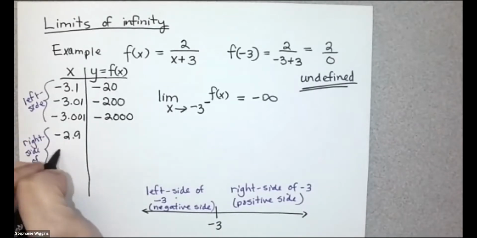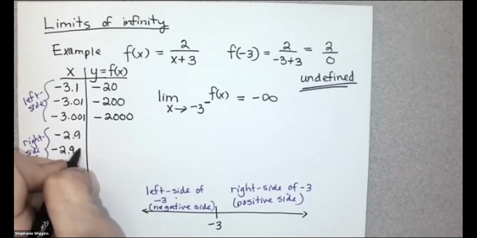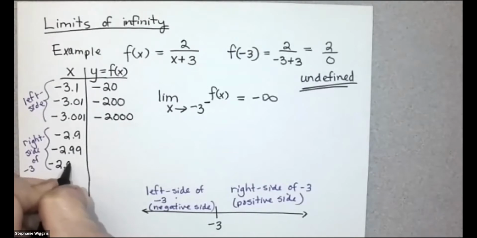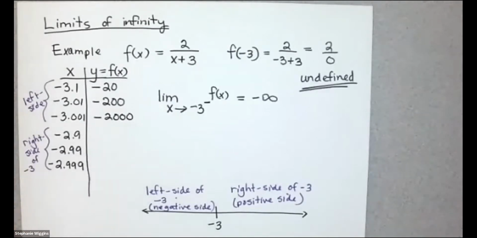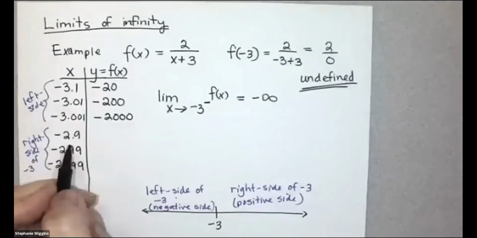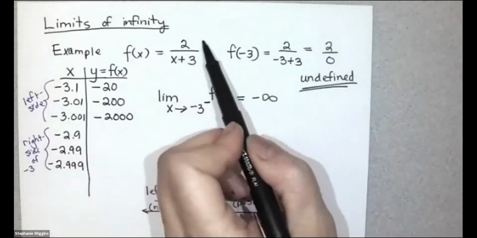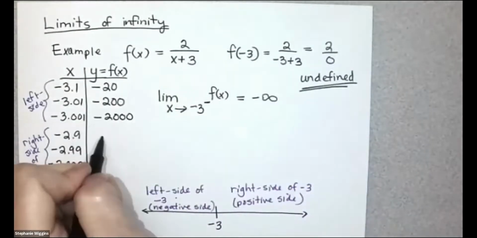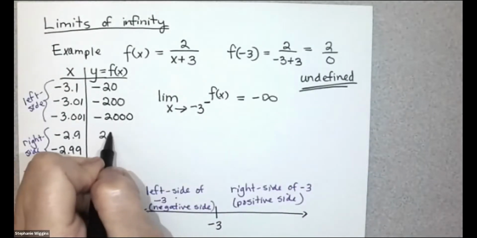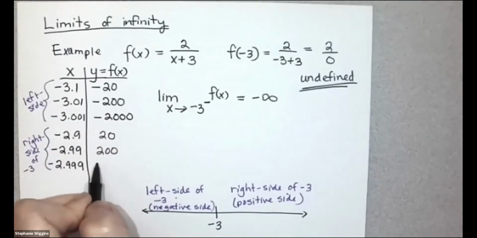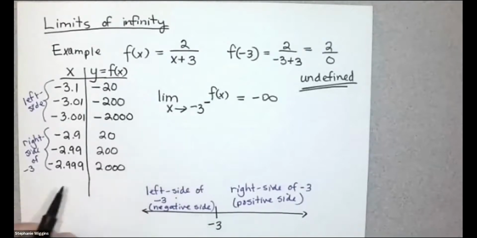That's pretty close to -3. -2.99 is even closer, and -2.999 is yet again even closer. When I plug in those numbers for x and calculate the function value, the output values are 20, 200, and 2,000.